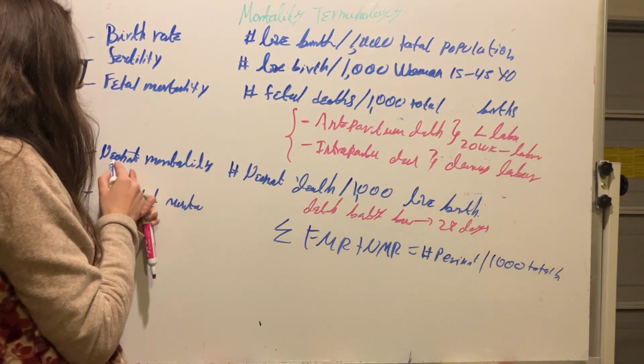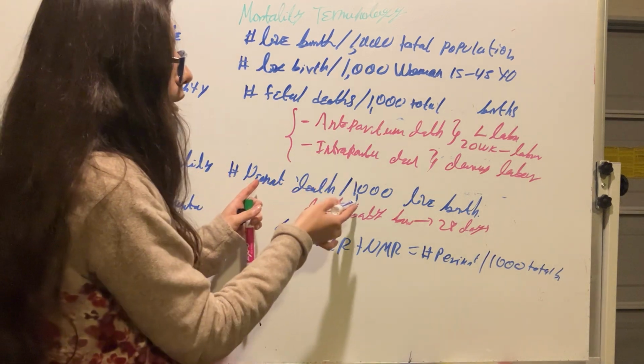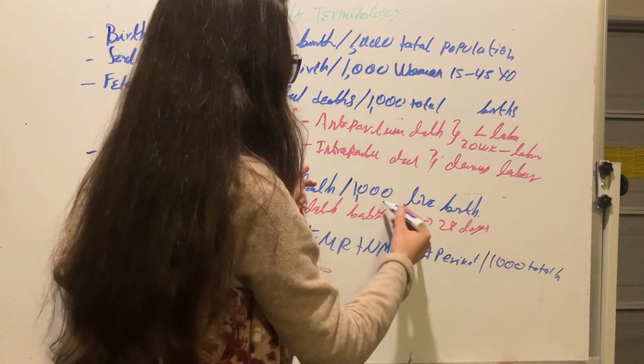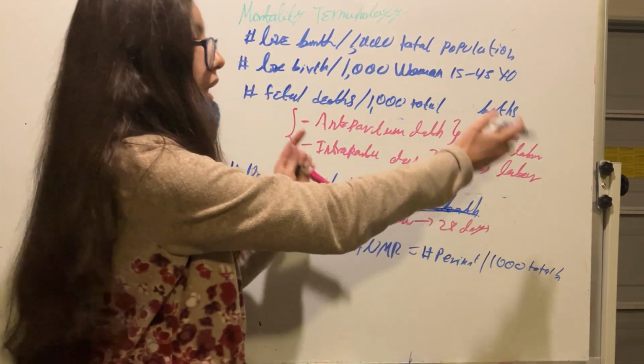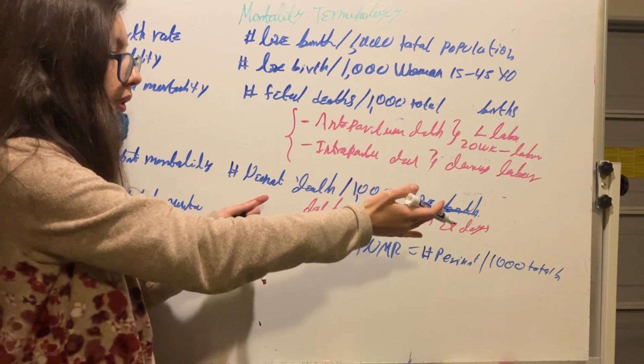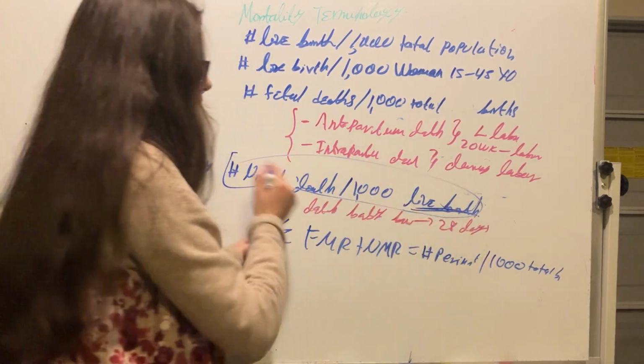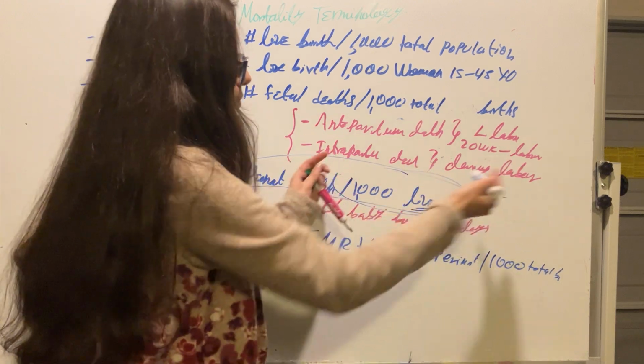But on the other hand, we have neonatal death, which is neonatal death per 1,000 live births. Here we are talking of just live births. If we had a death of a baby that was born dead, that is not in this count of 1,000 live births.